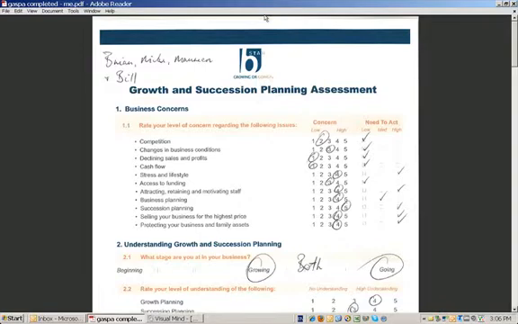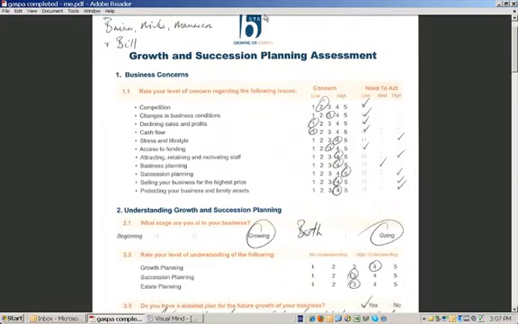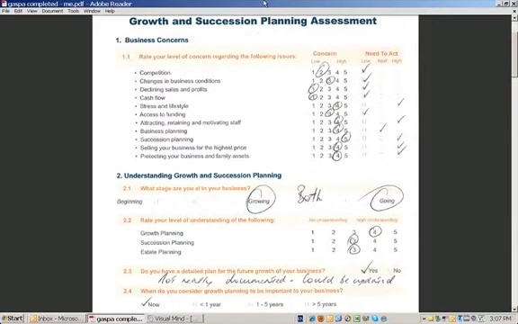We did this over about a 1.5 hour session, and the reason why this tool is so important to use is it gives you a structure to make sure that you are easily able to identify the key issues that the business owners are dealing with. As you can see here under business concerns, we've got a very easy way of identifying the areas where their issues are, and also where we need to focus as advisors.